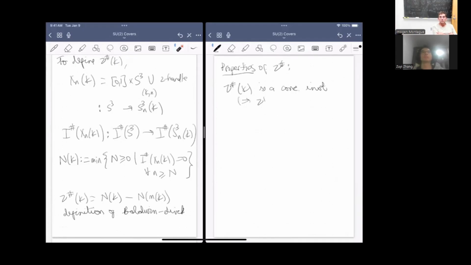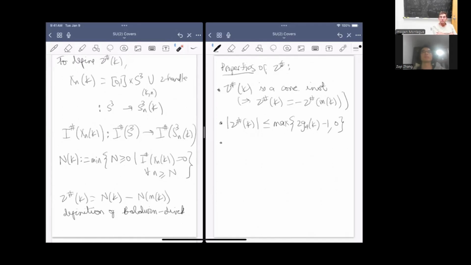So in particular, if you look at the invariant of the mirror of the knot, then you have to take the negative. We also have that in absolute value it is less than or equal to the maximum between the smooth 4-ball genus, g4, or minus the Euler characteristic, and 0, of embedded surfaces in the 4-ball.